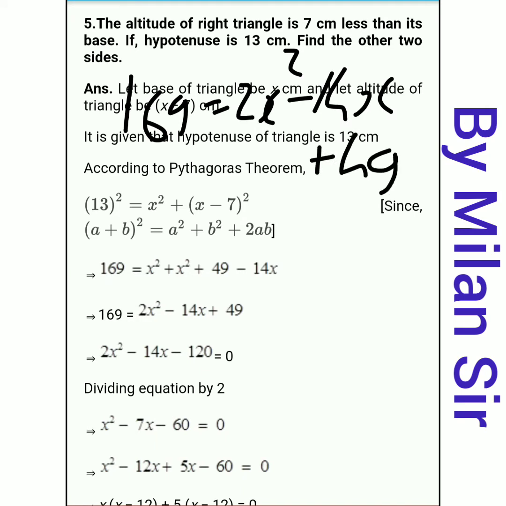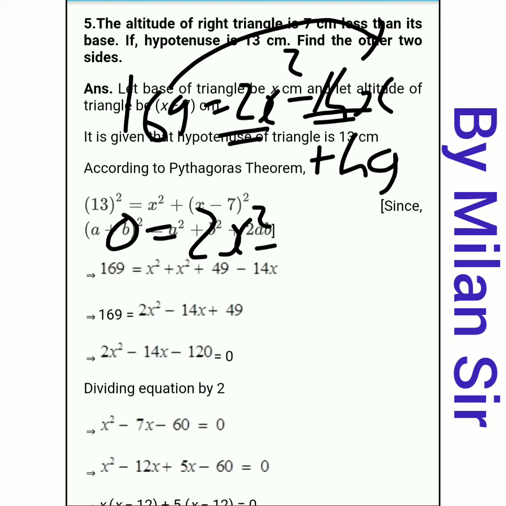Here first of all we need to convert this equation into standard form. For that we need to transfer this 169 to the right hand side. So 0 is equal to 2x square as it is, minus 14x as it is, plus 49 as it is, and if we transfer 169 from the left hand side to the right hand side, it becomes minus.